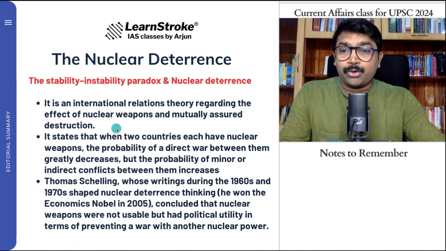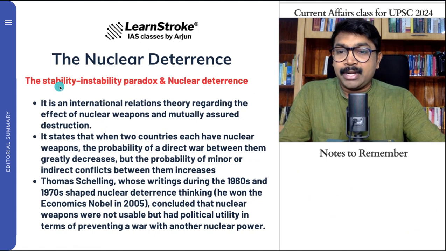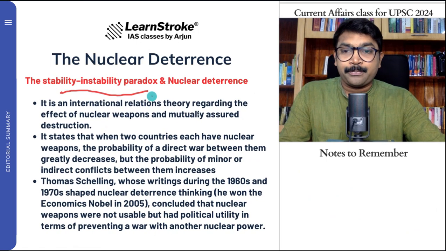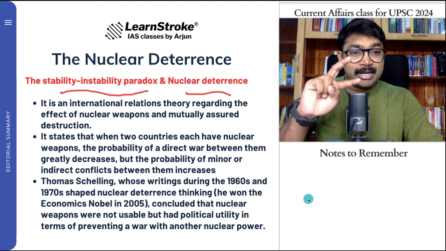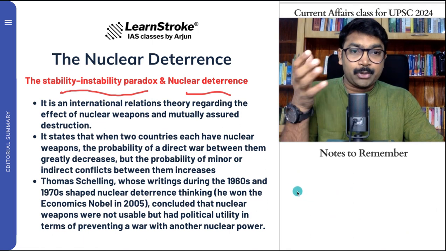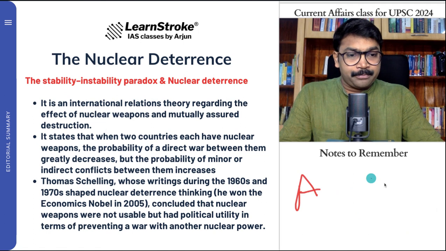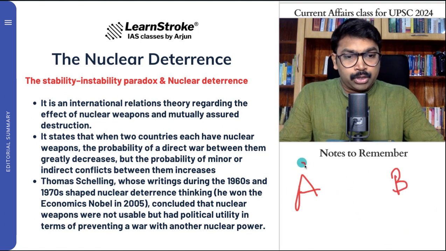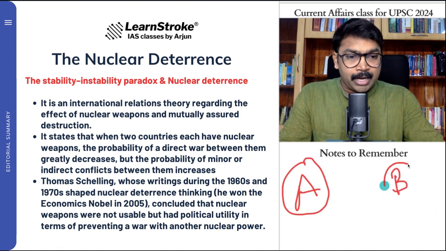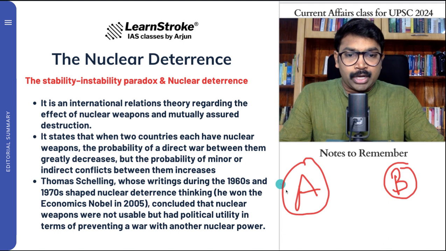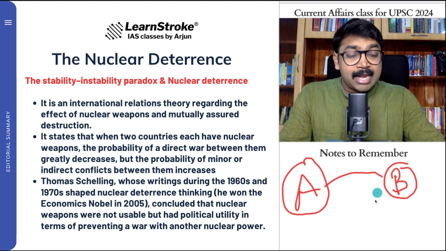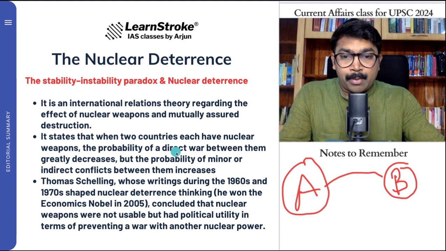In this context, know what the stability-instability paradox is in nuclear deterrence. Let's take another example again: A and B are both nuclear powers. When A and B both have nuclear weapons, the probability of a direct war between them decreases.